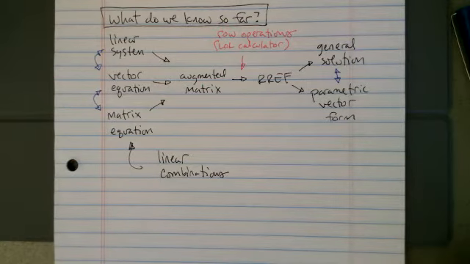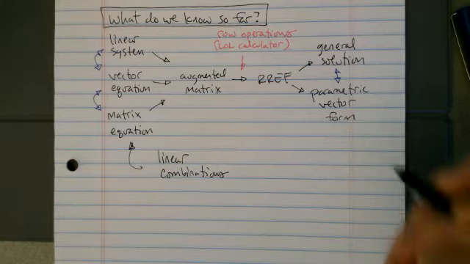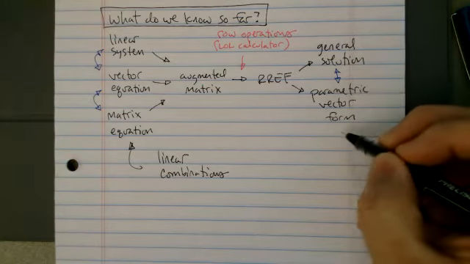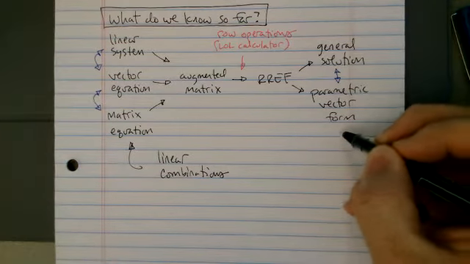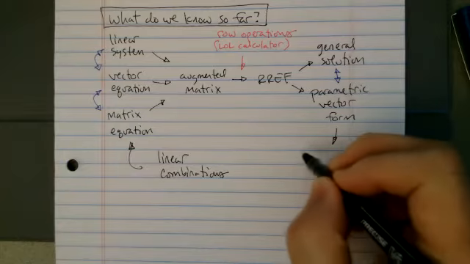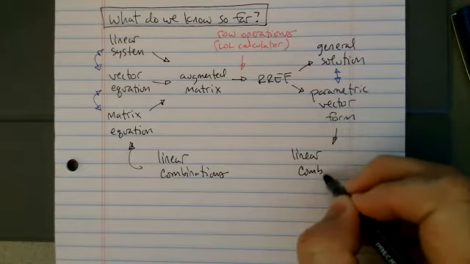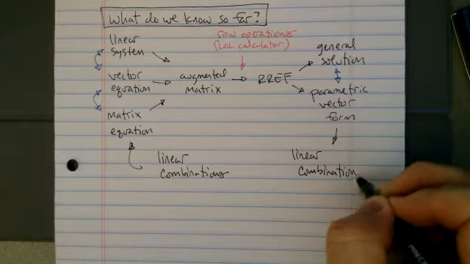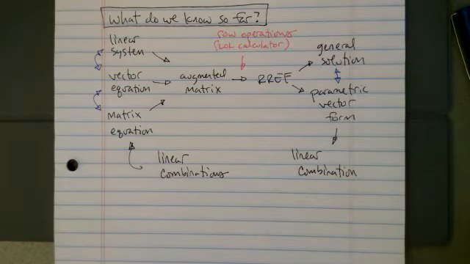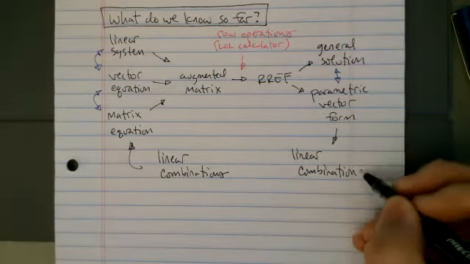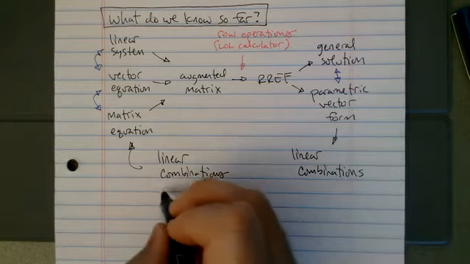And then that will go to an augmented matrix if we're dealing with an equation, to a reduced echelon form, to a parametric vector form. The parametric vector form is the linear combination form of the solutions. So when we're looking at the parametric vector form, we're looking at linear combinations of vectors. I should say that part.